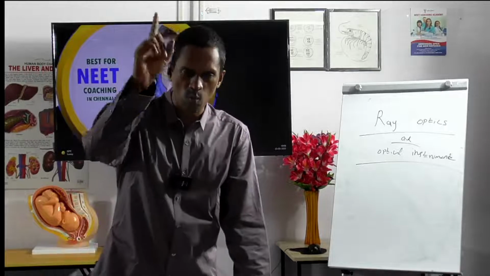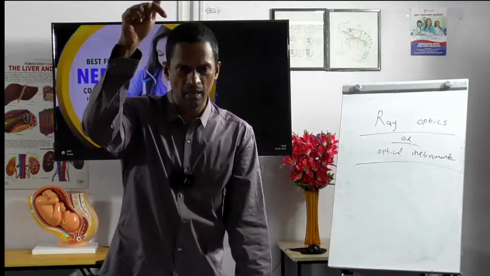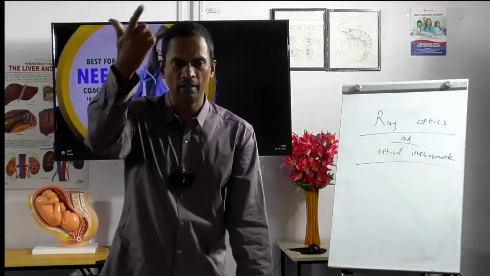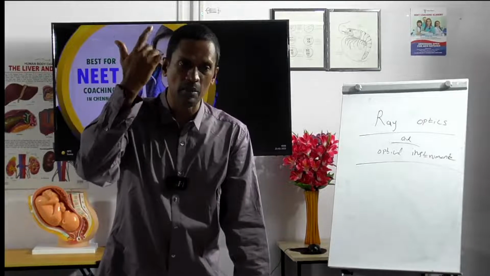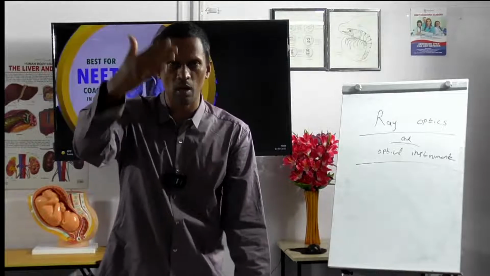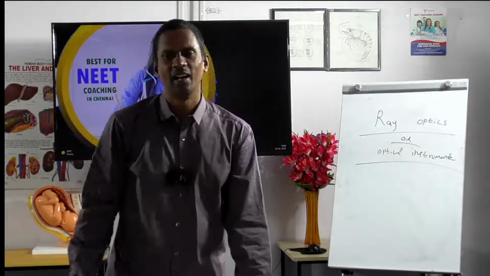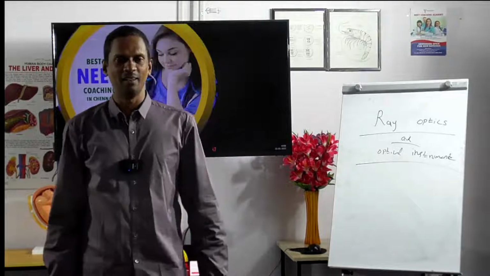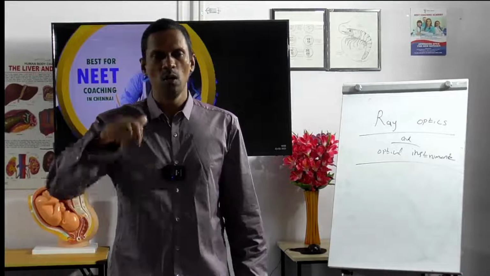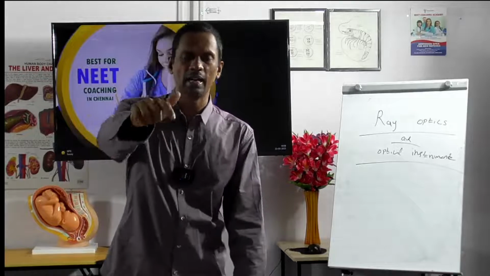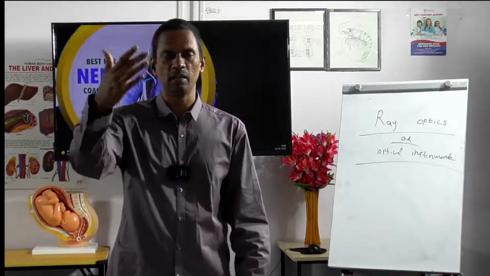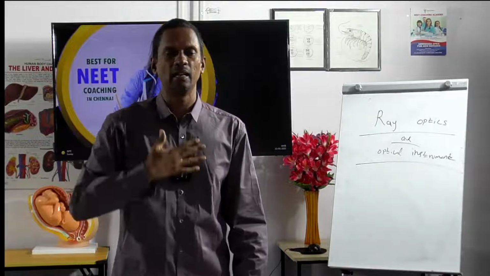Between the wall and me, I have placed the mirror. Now where will I get the image? I will get the image on the wall, in the portion where the wall is. Now, what is the distance between the lens and me?